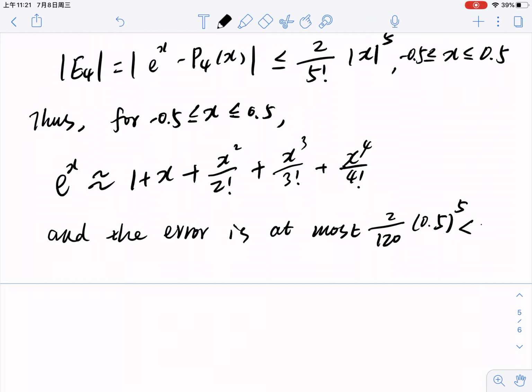This is less than 0.00006. Of course, for smaller values of x, we get smaller errors.